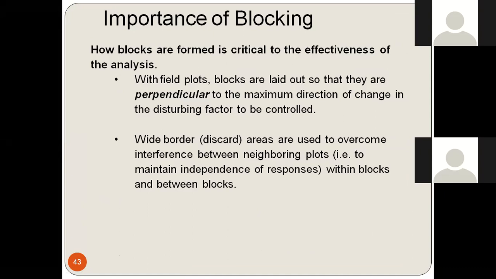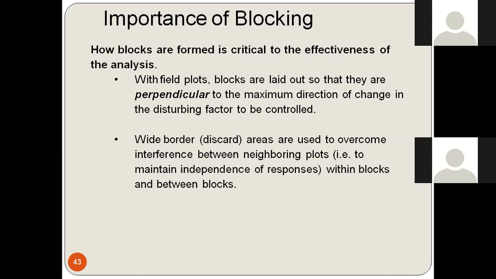How blocks are formed is critical to the effectiveness of the analysis. Why do we want to talk about blocking? What is the importance of blocking? With field blocks, blocks are laid out so that they are perpendicular to the maximum direction of change in the disturbing factor to be controlled.